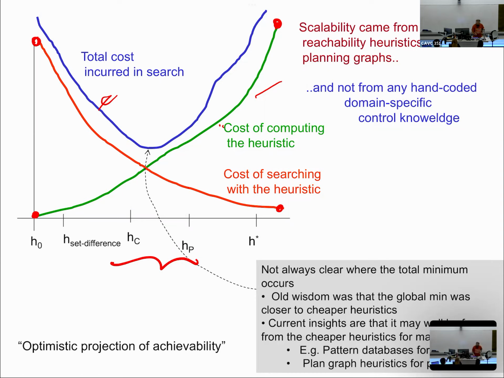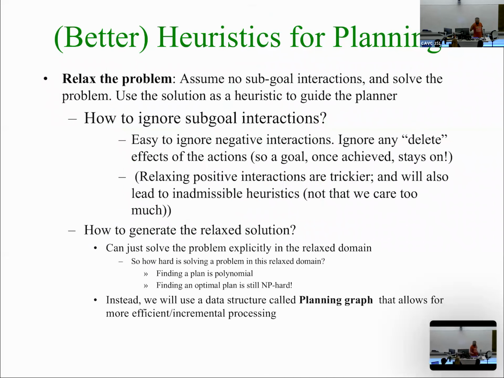Okay, you can't easily do this, so instead, people say this kind of idea seems to be working. Clearly the planning graph heuristic is much more involved than just the set difference heuristic.